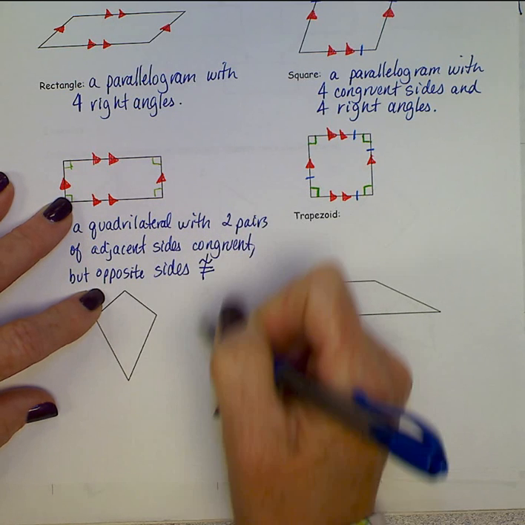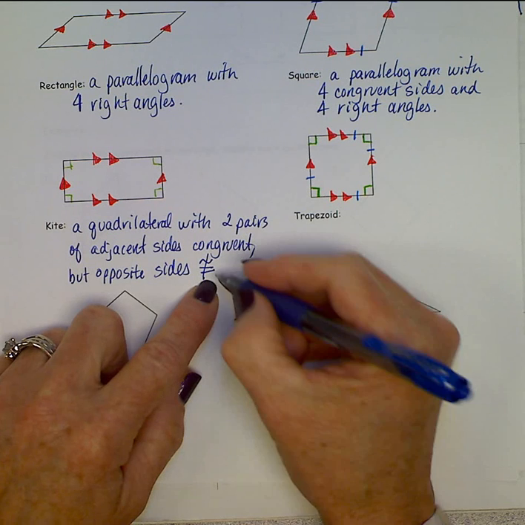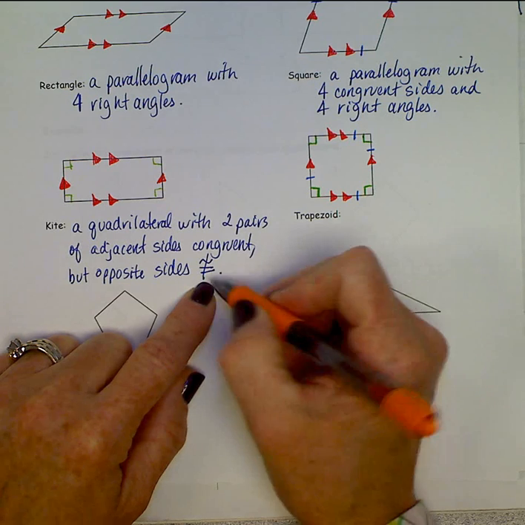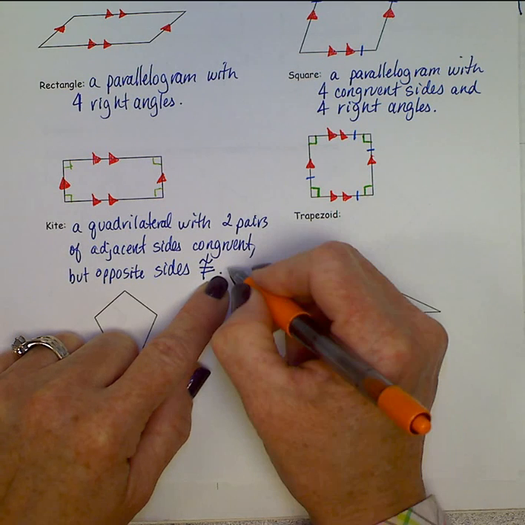And you can do a not congruent there by writing a congruent symbol and then putting a slash through it. That means not congruent.